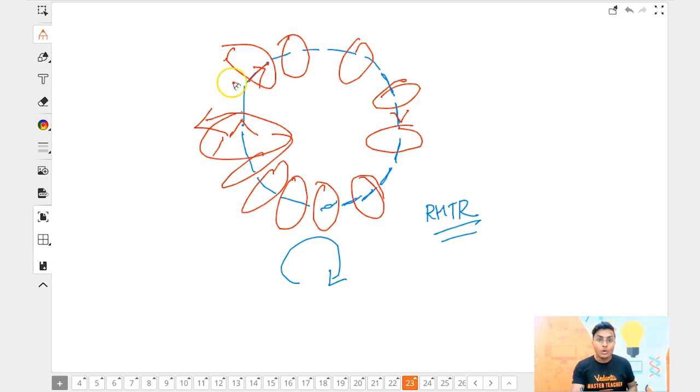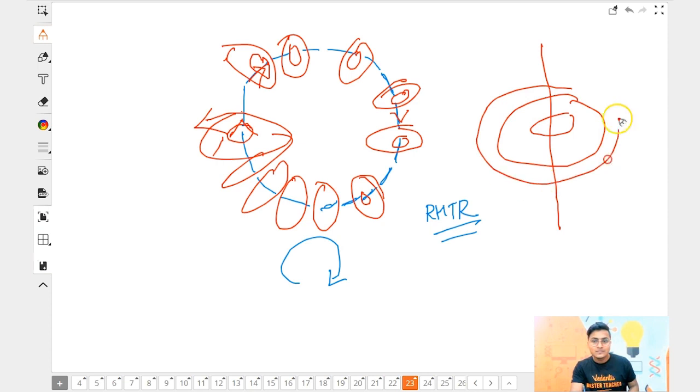And they will also be like concentric circles, the same way as you have for your straight conductor. Straight conductor में भी ऐसे ही था. The entire circular coil, we just assumed, is like small straight conductors combined as a circle.